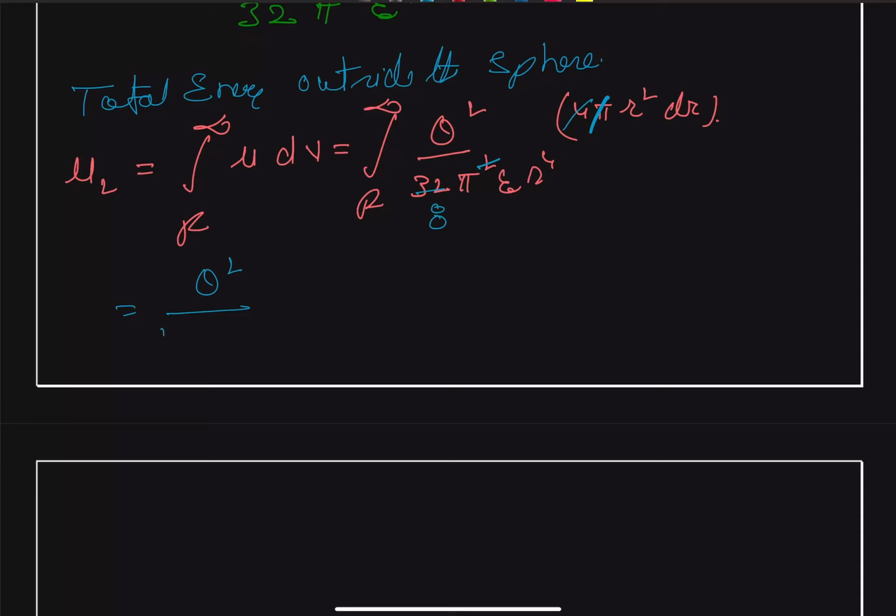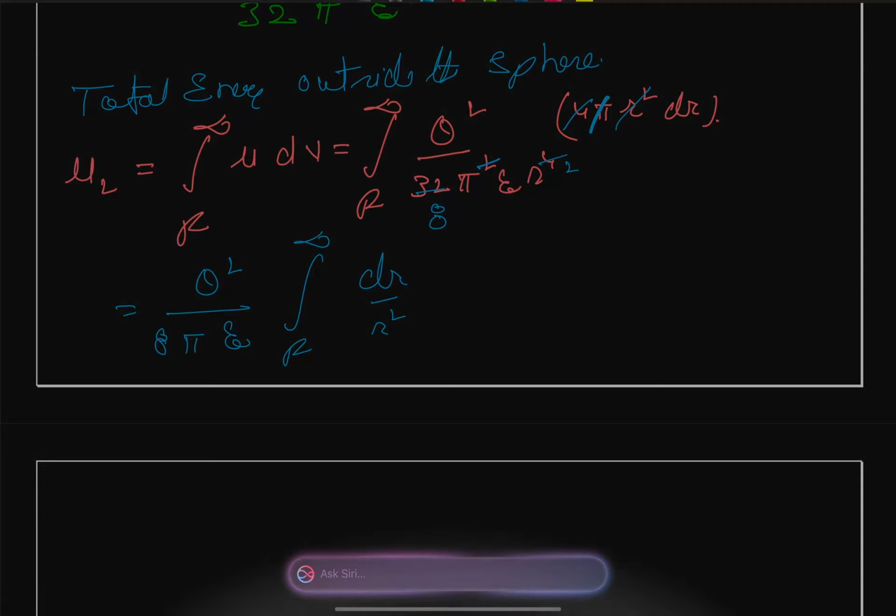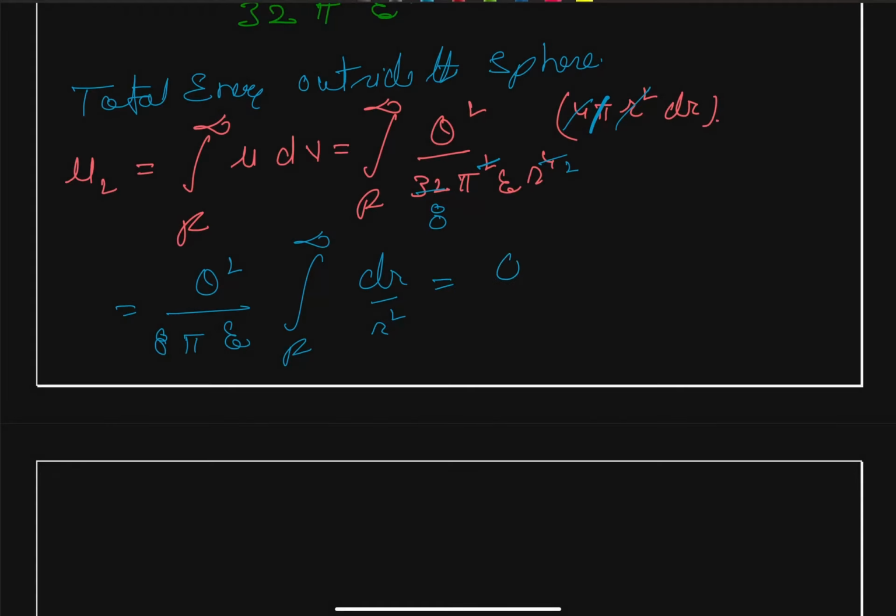So we get q square upon 8 pi epsilon naught, integration R to infinity dr upon r square, which is equal to q square upon 8 pi epsilon naught times minus 1 upon r, from R to infinity.